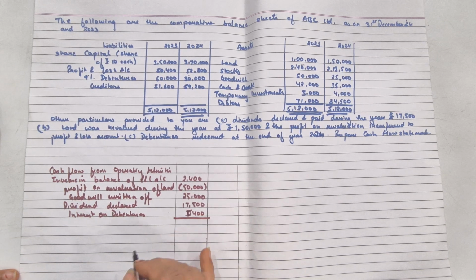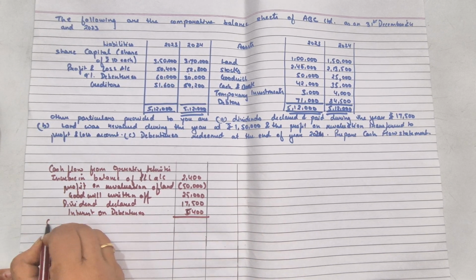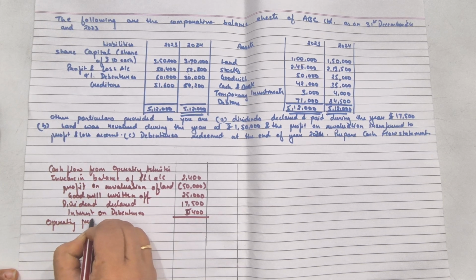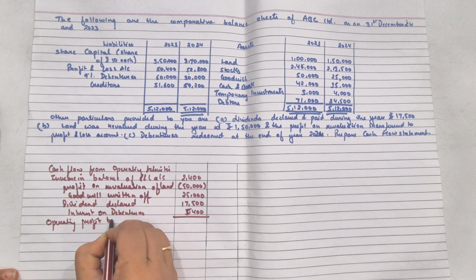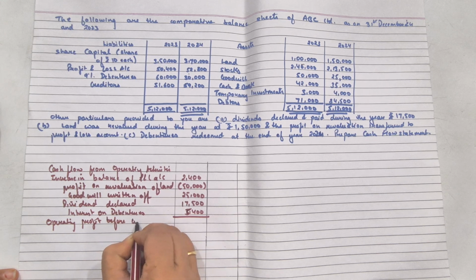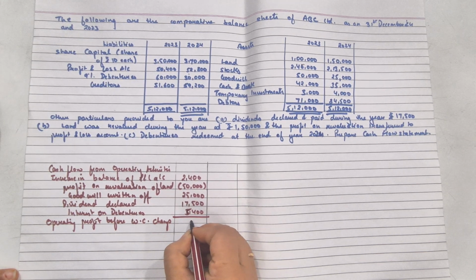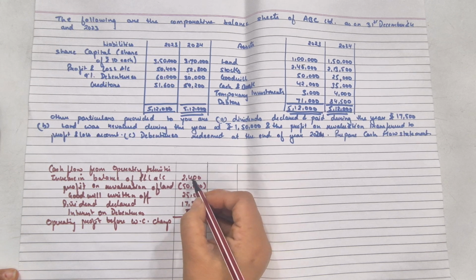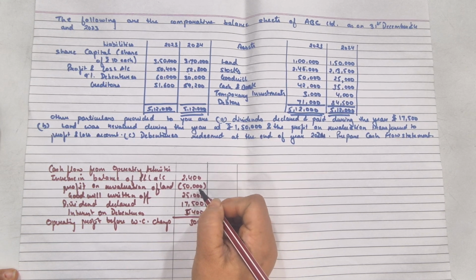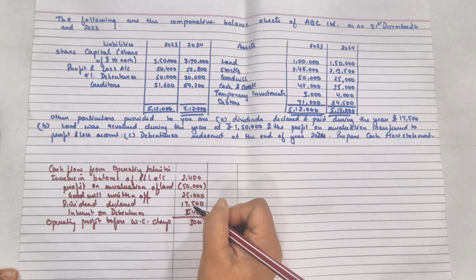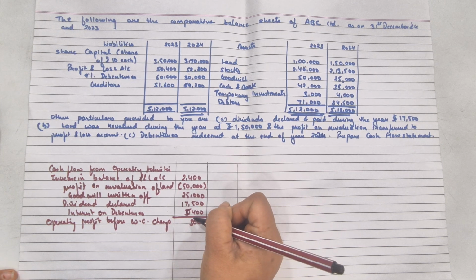Now we will calculate this. So we will get operating profit before working capital changes. In 2,400 we will subtract 50,000, then add back 25,000, add back 17,500 and add back 5,400.